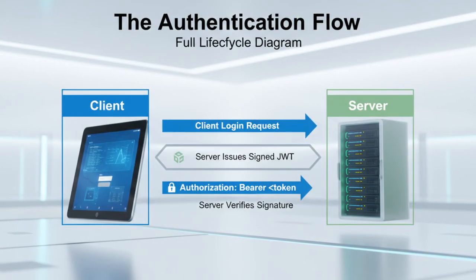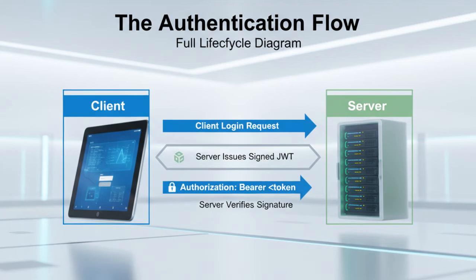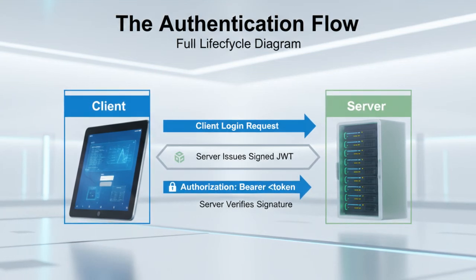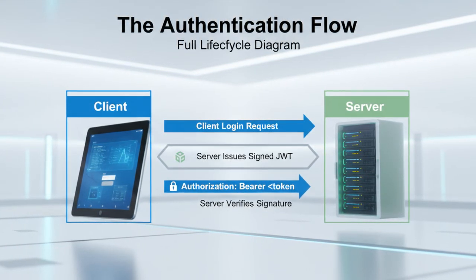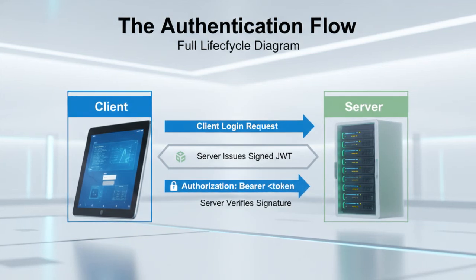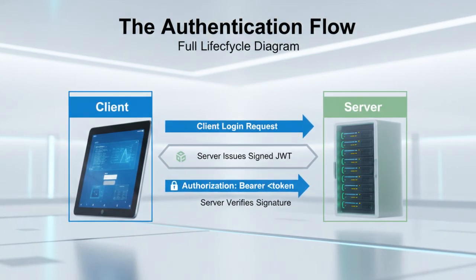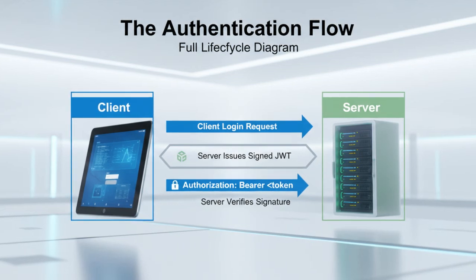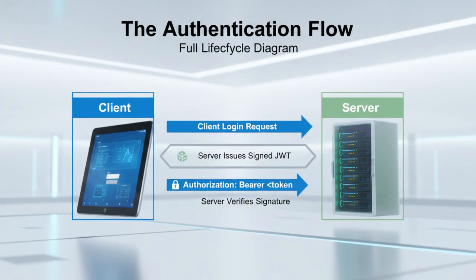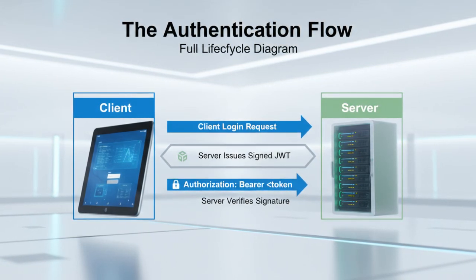How does this look in practice? First, a user logs in with their credentials. The server validates them and generates a JWT, which it sends back to the client. From that point on, whenever the user wants to access a protected route or resource, the client sends the JWT in the authorization header using the bearer schema. The server then inspects the JWT.